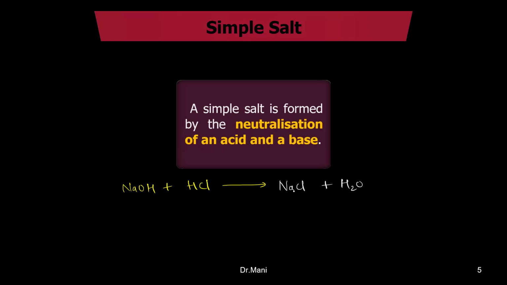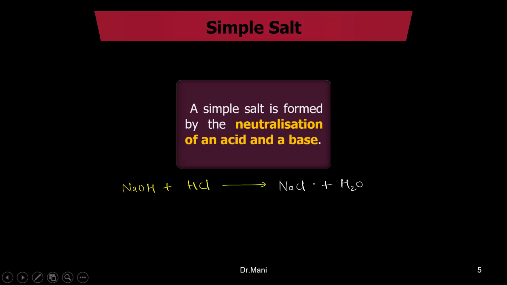So what happened? The hydroxide ion from the base combines with the hydrogen from the acid, so OH joins with H and forms water. Meanwhile, the sodium joins with the chloride ion and forms NaCl.